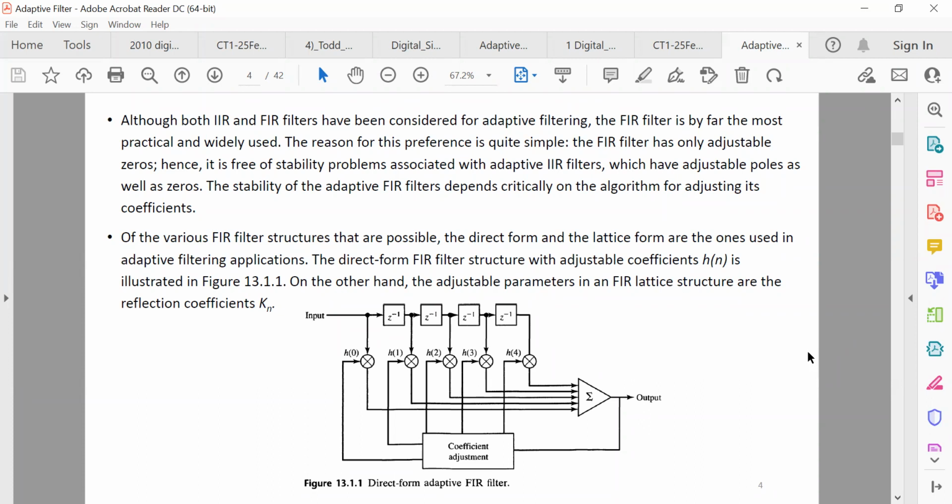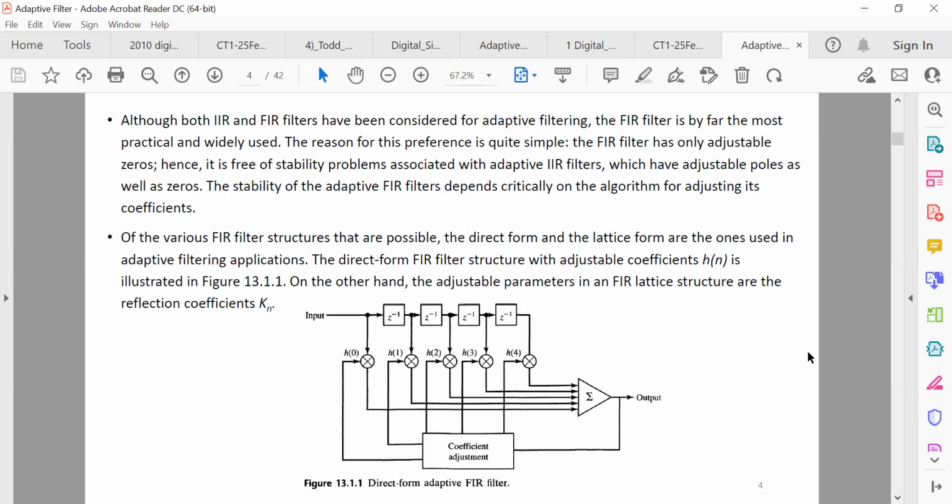I know for some of you it is a new term, and for some of you it is not new. Okay, so for Z in Z transform, there are filter coefficients Hn, H0, H1, H2, H3, H4, and so on. These are the adjustable filter coefficients.